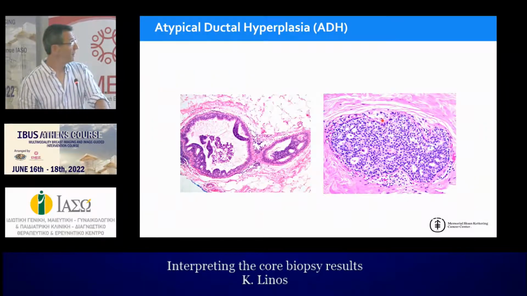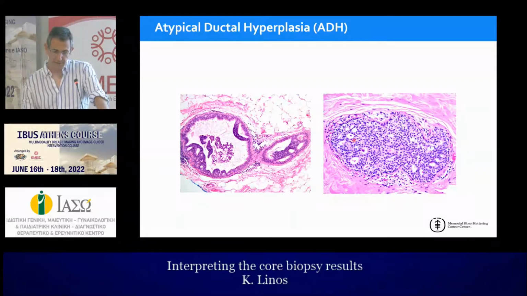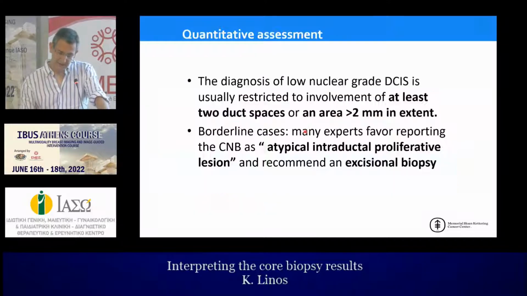And just to show you a couple of pathology pictures, this is a typical case of DCIS, where you see a very monomorphous population with atypia, and you have these bridges and the micropapillary pattern, and this is a more solid component. So this is how a DCIS or an ADH looks like. And as I said, they look exactly identical morphologically, but the distinction between the two is quantitative.